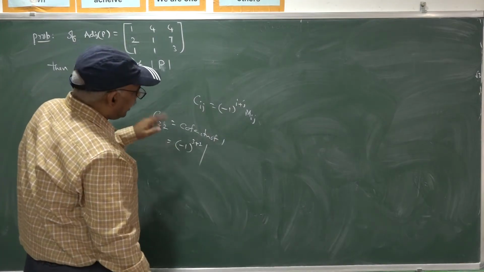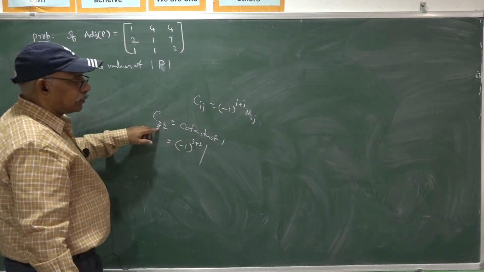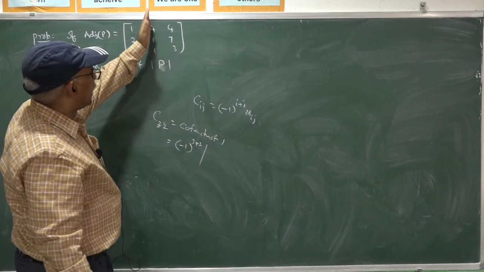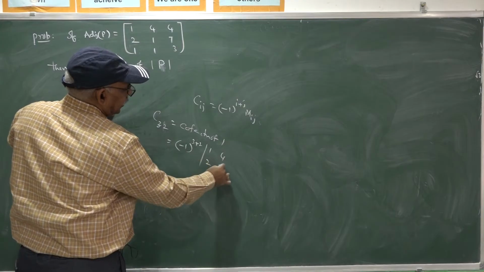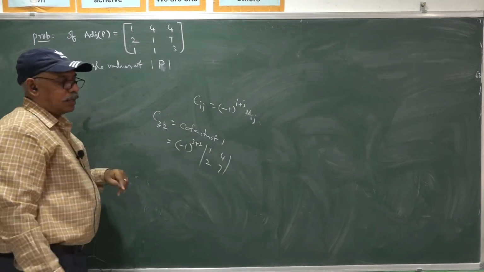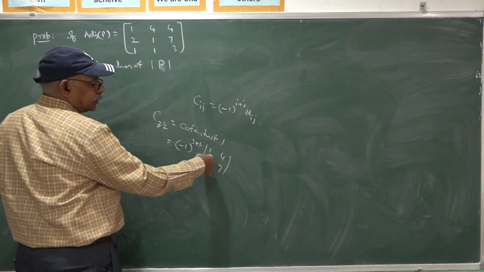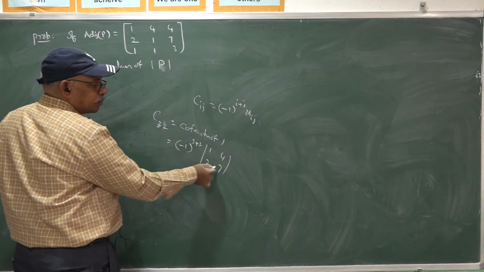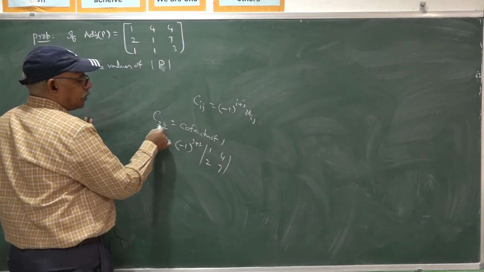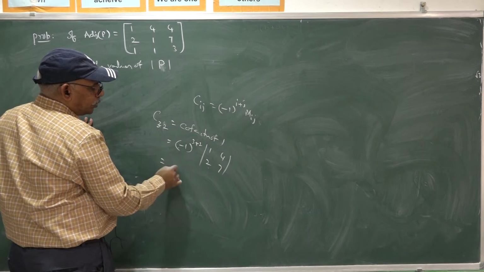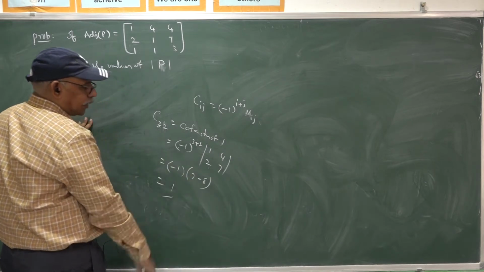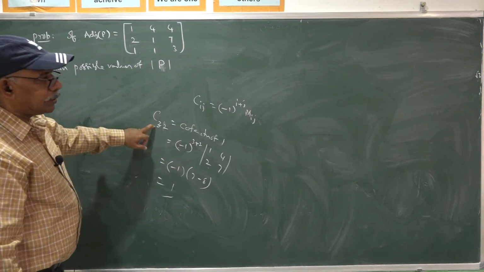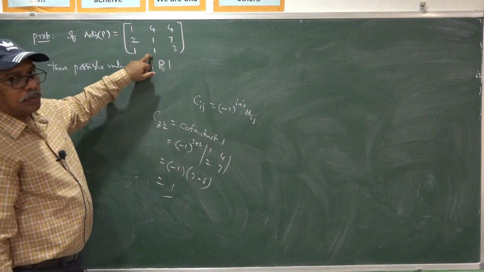Minor means the determinant obtained by eliminating the third row and second column, that means the determinant 1 4, 2 7. This is the minor of this element. Once you multiply that minor with minus 1 whole power 3 plus 2, you get minus 1 into 7 minus 8, which gives us 1. So, this is the cofactor of 1.